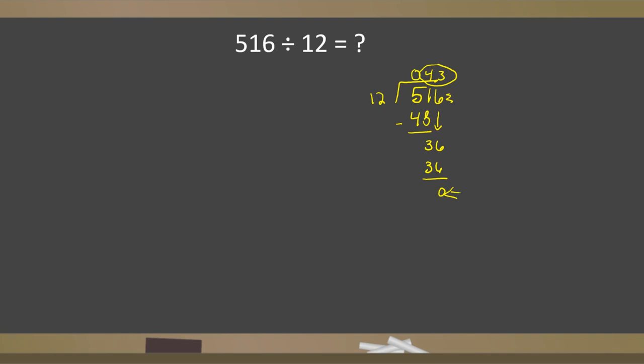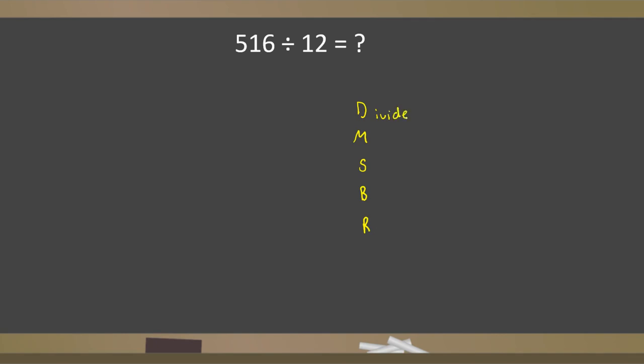For those of you who kind of struggle with that long division mentality, or I guess procedure, in 4th grade we learned Dad, Mother, Sister, Brother, and then Rover. Dad stood for divide.